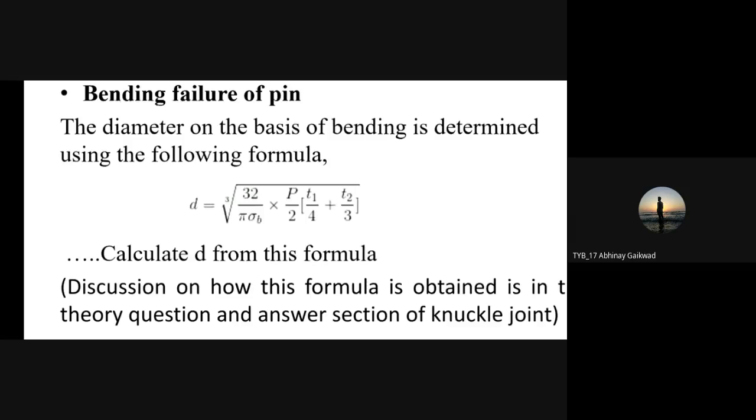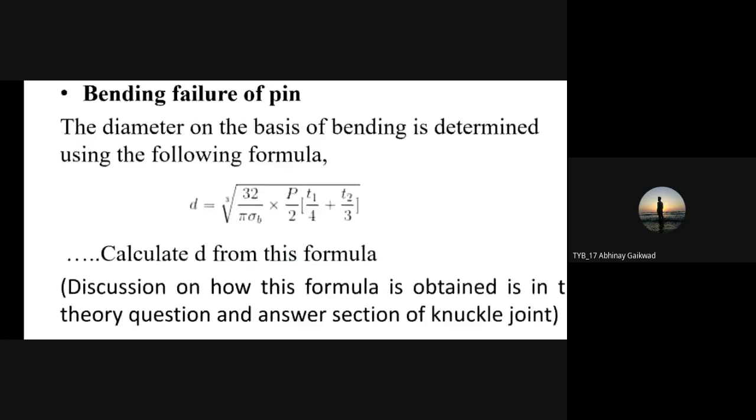Then small d is 32 divided by sigma multiplied by capital Q by 4 plus T2 by 3. This bending is going to occur for this pin, and that will be calculated by considering the uniformly distributed load P applied on that pin.